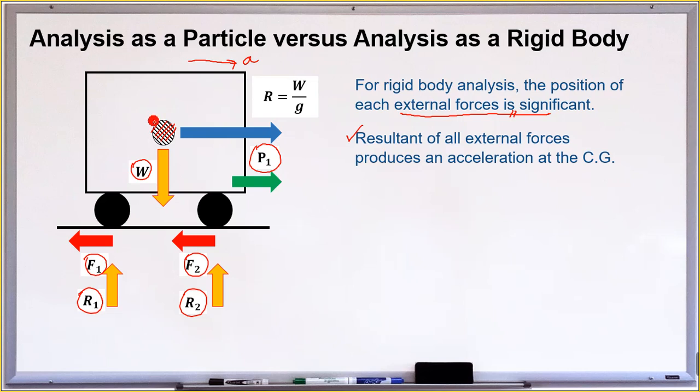It's part of the process that should be done when analyzing this object as a rigid body. Okay, so it is sequential; the processes in this analysis as a rigid body are not separate, but we still take some processes from the analysis as a particle. And what is that process? That is finding the resultant of all the external forces.